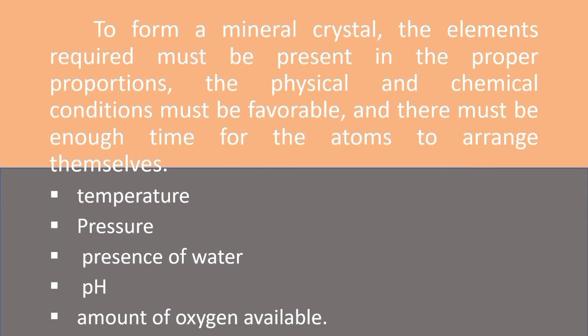Time is one of the most important factors because it takes time for atoms to become ordered. If time is limited, the mineral grains will remain very small. The presence of water enhances the mobility of ions and can lead to the formation of larger crystals over shorter time periods.